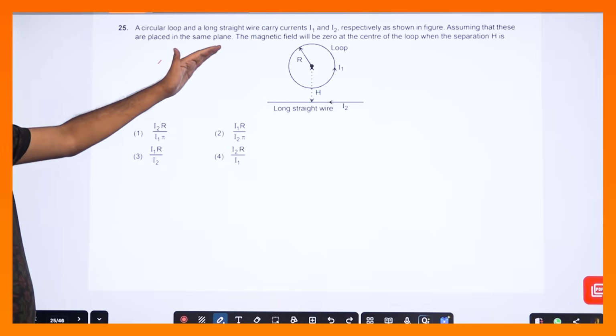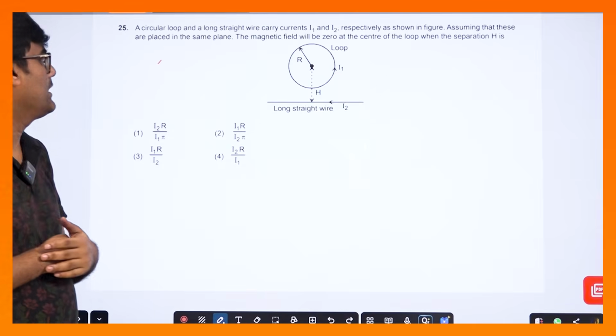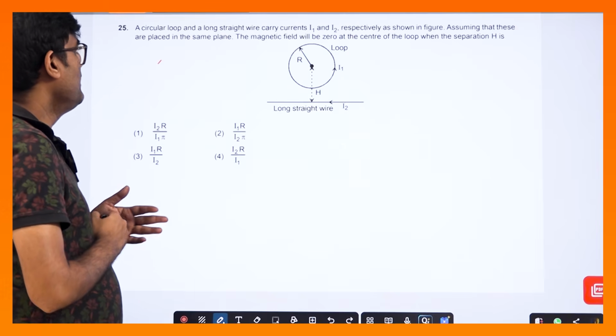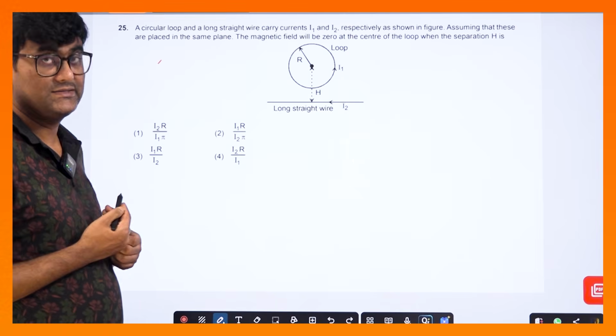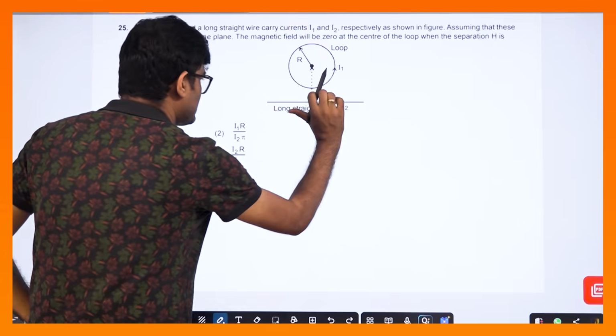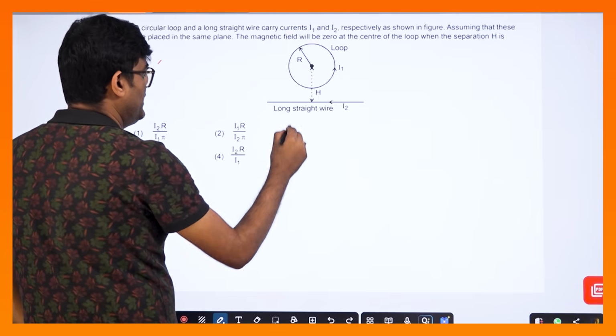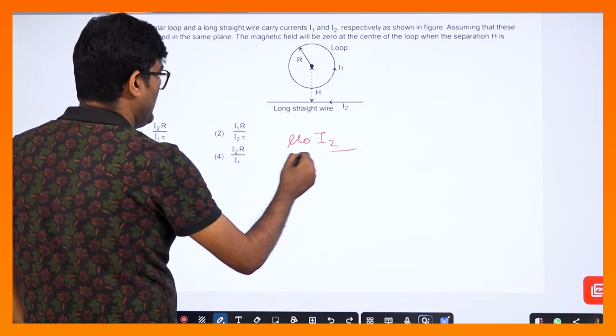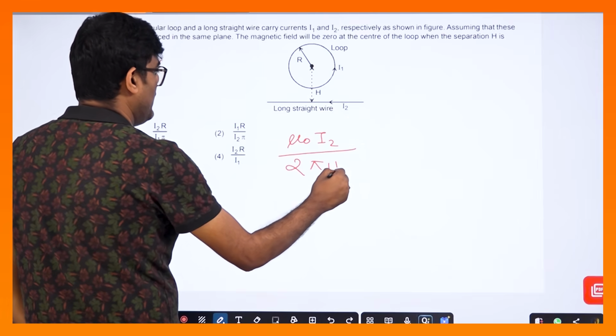A circular loop and a long straight wire carry I1 and I2. Assume these are placed in the same plane. The magnetic field will be 0 at the center, right? For a straight long wire, the magnetic field at a distance H is mu naught I divided by 2 pi r.